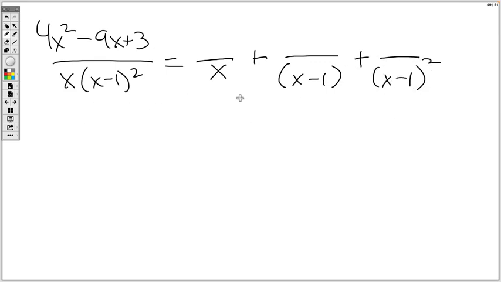Squared. Each of these are considered either linear or repeated linear. So each of these is going to have a constant on top. My next job is to figure out what A, B, and C are. You follow?